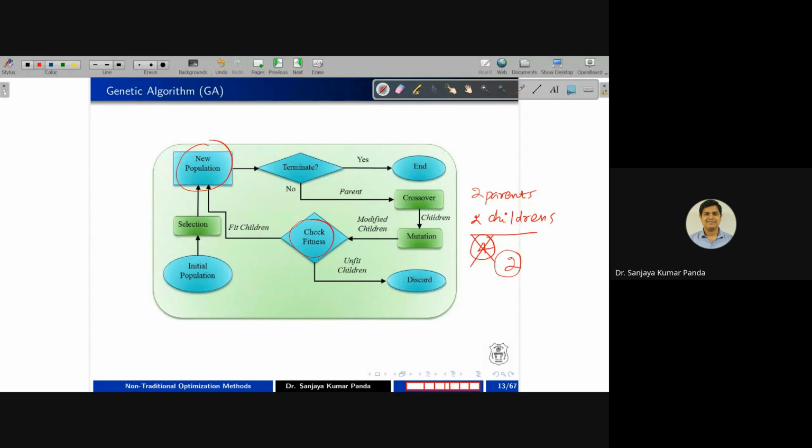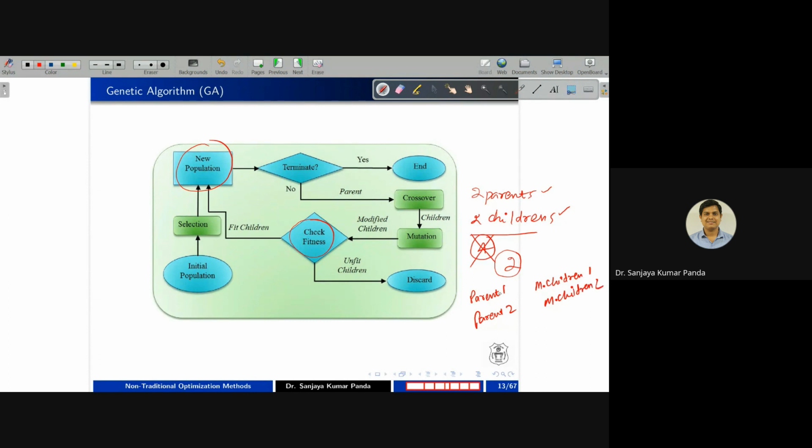Iterations are selections, because 2 parents will generate 2 children. Then we'll go for 2 modified children, by modifying something in the children part. Then we'll compare with the parent. For example, parent 1 is going to be checked with modified children 1, and parent 2 is going to be checked with modified children 2.